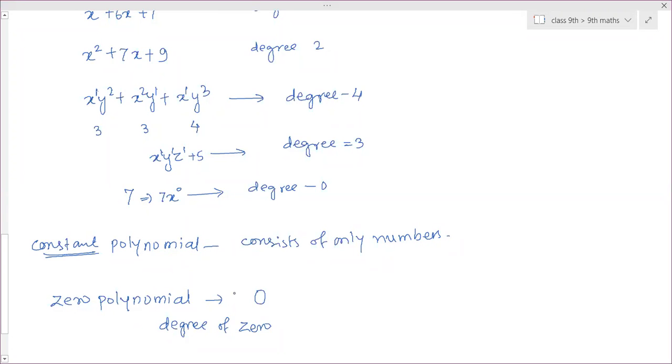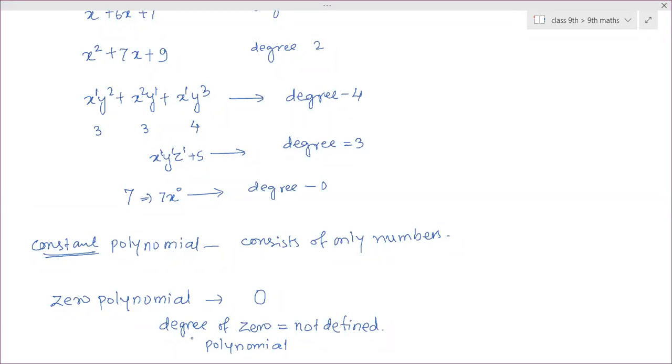But a constant polynomial with value 0 is called the zero polynomial. And the degree of the zero polynomial is not defined. So remember, constant polynomial and zero polynomial are different.